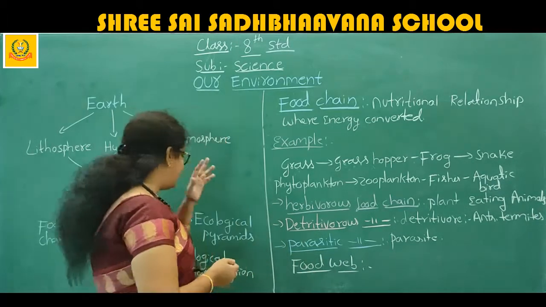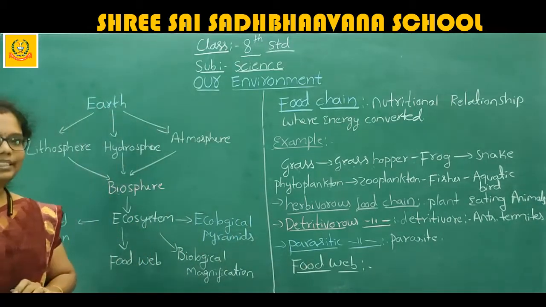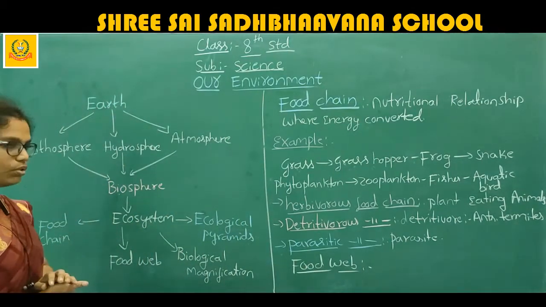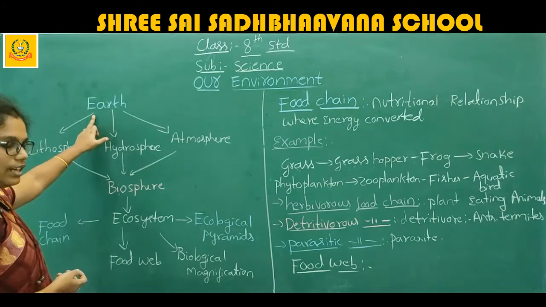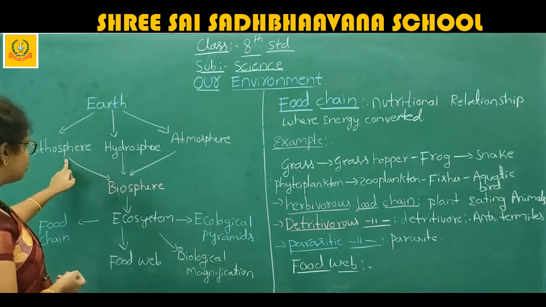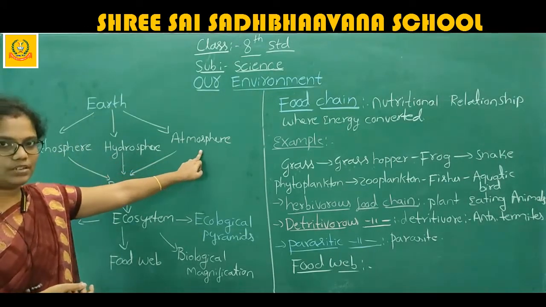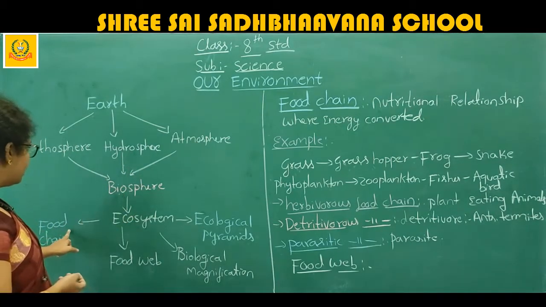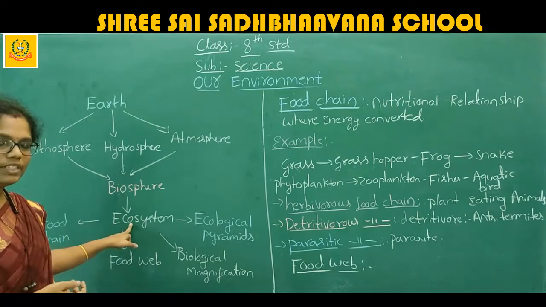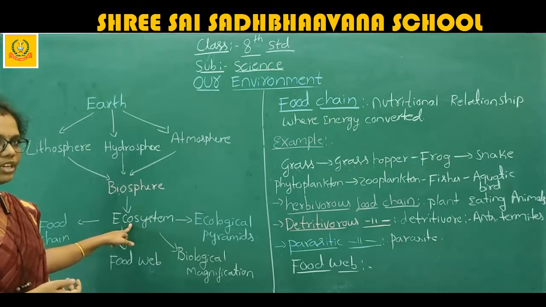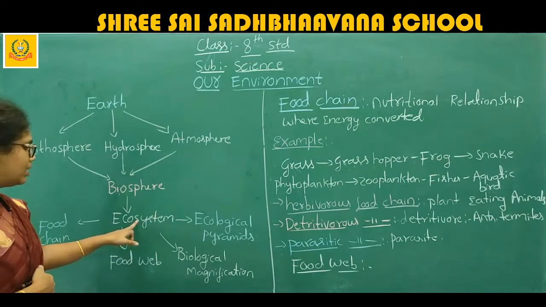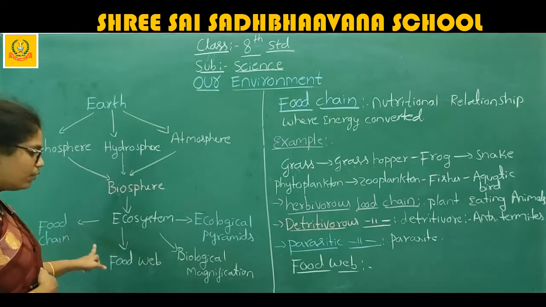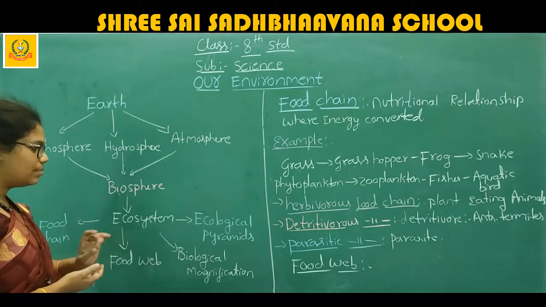Therefore, in this concept, we studied the earth, the environment, lithosphere, hydrosphere, atmosphere, we completed. Biosphere, we completed. Ecosystem, we completed with the definition and the types of ecosystem. Next, we completed the food chain and food web. These two concepts are completed.